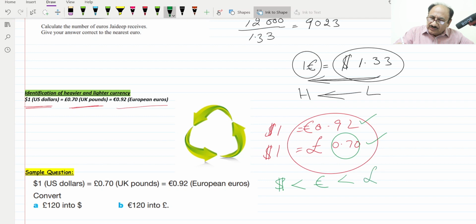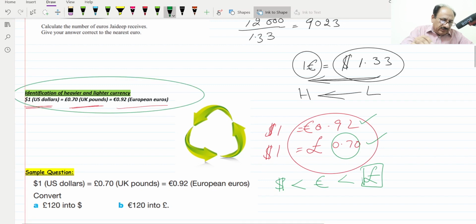This is the sequence of currencies which we can identify. The heaviest one is the pound, from the data provided over here, which says $1 is equal to 0.70 UK pound, which is equal to 0.92 European euros.